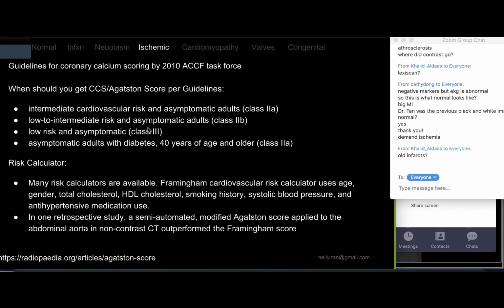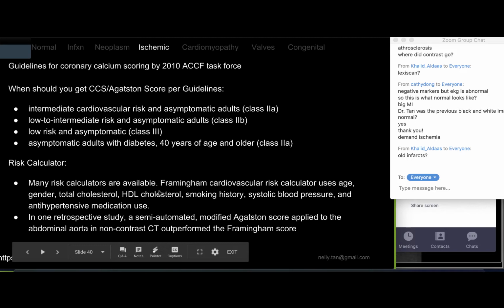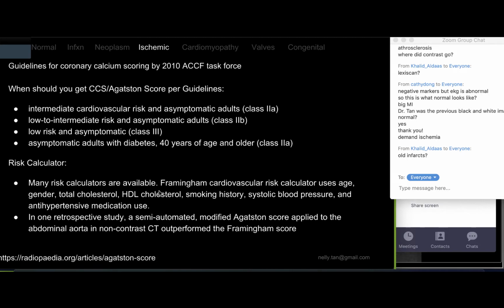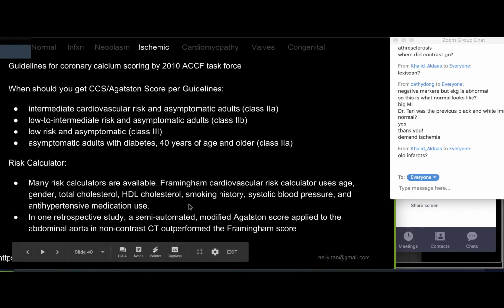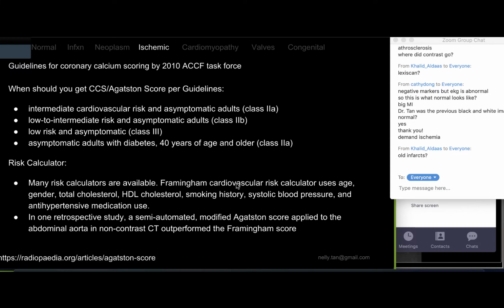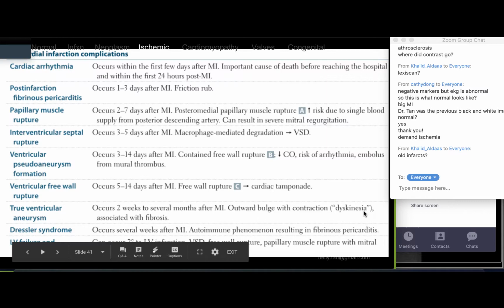Low to intermediate risk who are asymptomatic. So it's like the low intermediate asymptomatic group, or patients with risk factors, diabetes, older age, who are at increased risk. And one study showed that Agatston score was actually better than the Framingham cardiovascular risk calculator for predicting a major cardiac event.